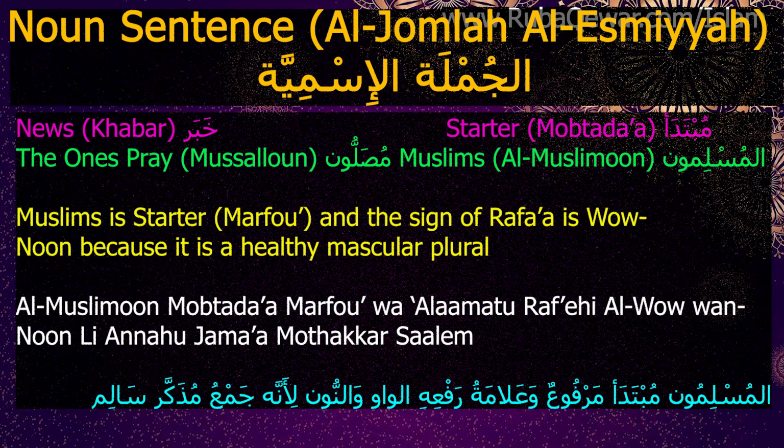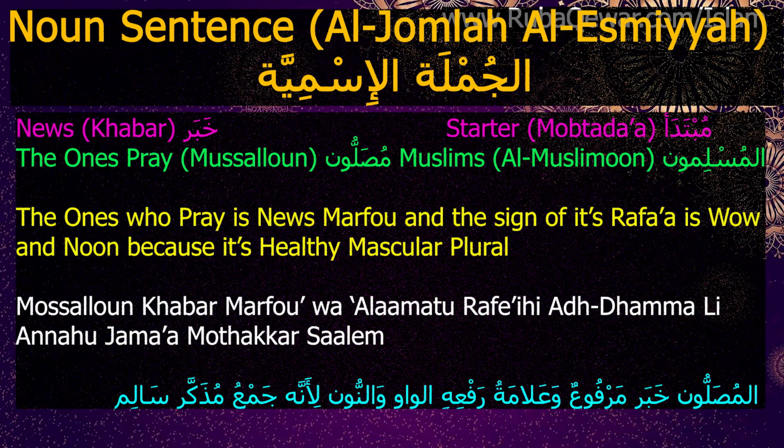And of course we can say salim, it means like it's unbroken or healthy, but you don't have to memorize this. مصلون خبر مرفوع وعلامة رفعه, very good, واو نون لأنه جمع مذكر صحيح.